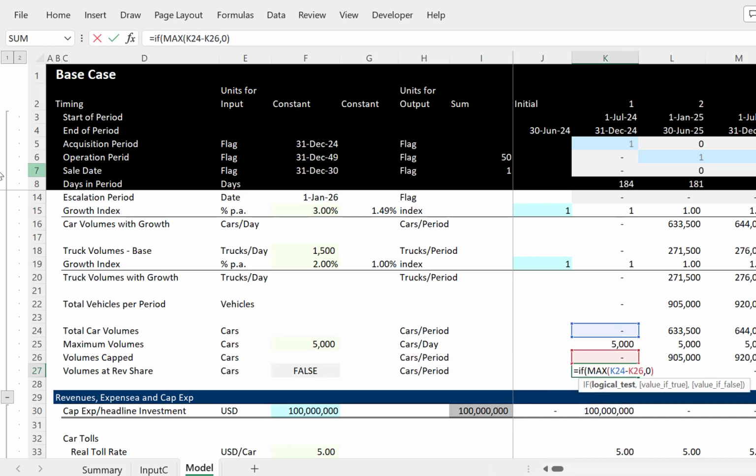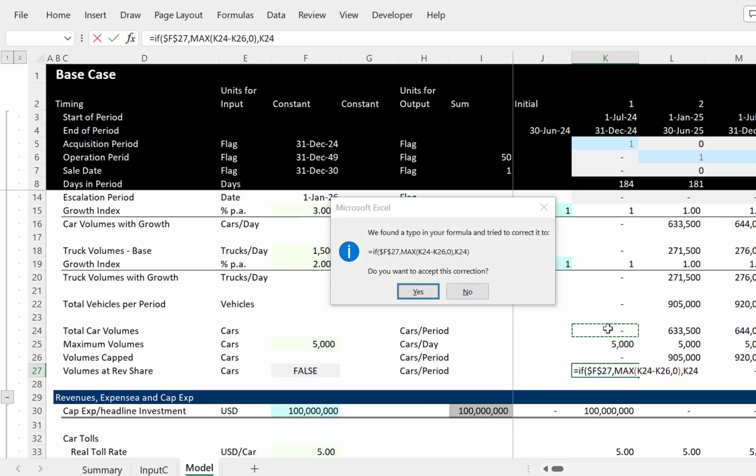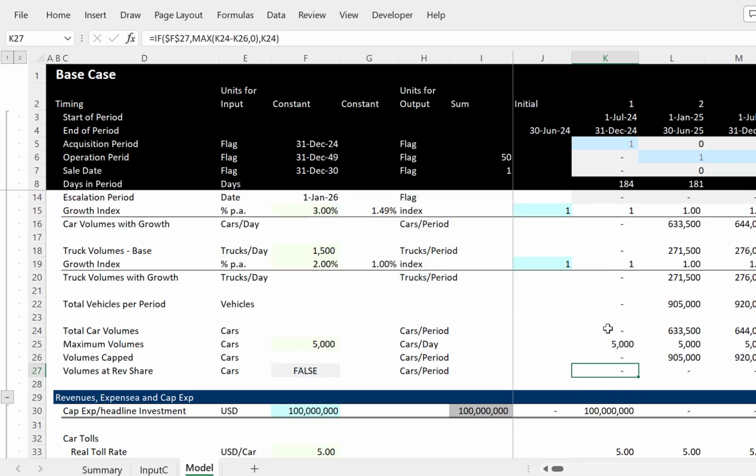If it's true, then we take the shared thing, and of course I've got to press F4 here. Otherwise, we just take the original one. Or no, otherwise we just take 0. Excuse me.